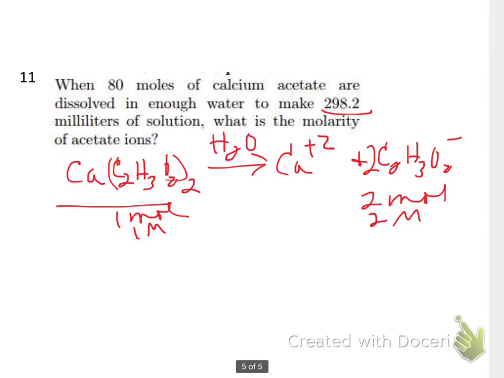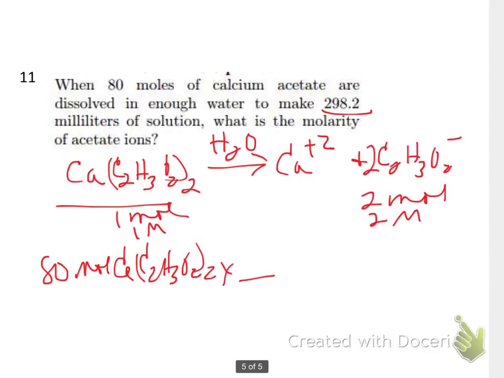Okay? So I'm just going to take that 80 moles of calcium acetate, and for every 1 mole of Ca, I have 2 moles of the acetate ion.